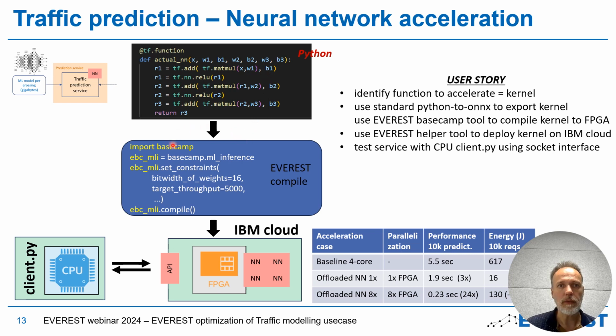Then EVEREST Python library support allows us to perform compilation of the kernel into the FPGA space, allowing us to play with parameterization for performance speedup and energy saving. The compilation also comes with the deploy script for FPGA Cloud, which is then executed by user to set a service.